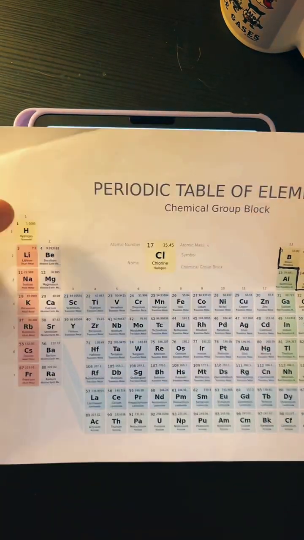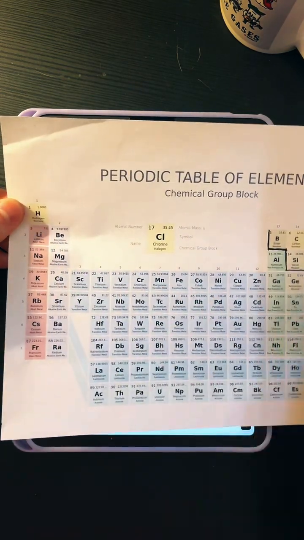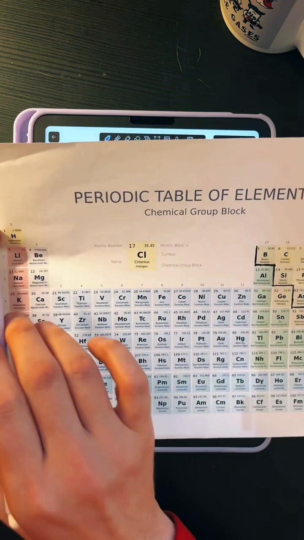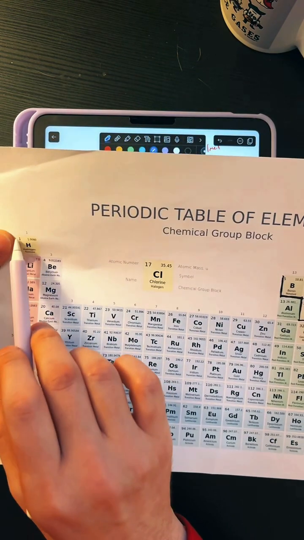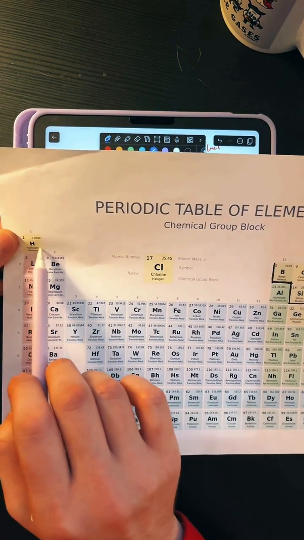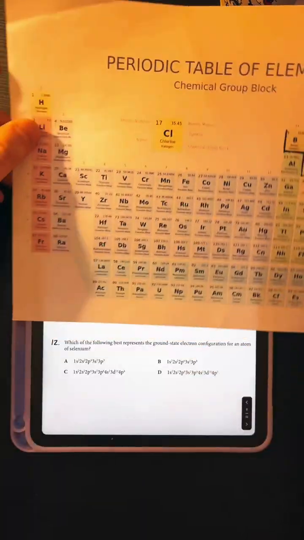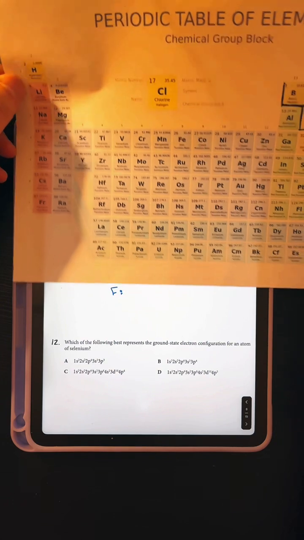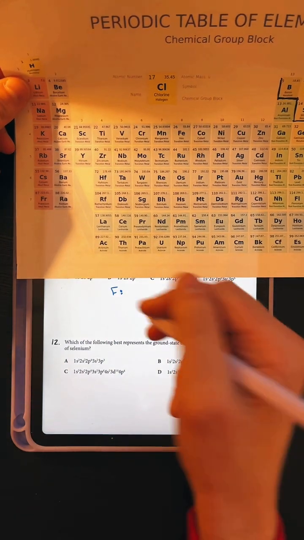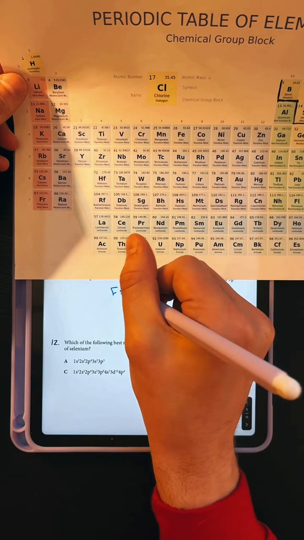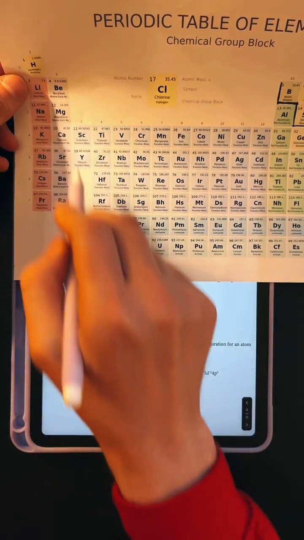Starting at the very top, we'll work our way all the way until we get to fluorine. We always have to start at the very, very top. Fluorine, starting at the top, we are in the first row, so that's 1, and we're in the S block.